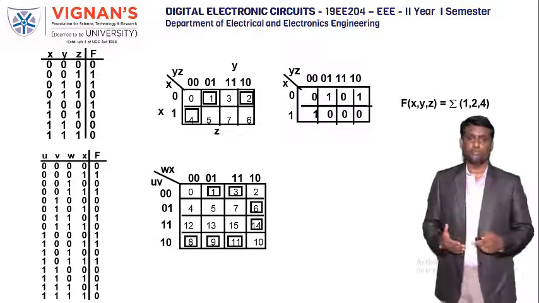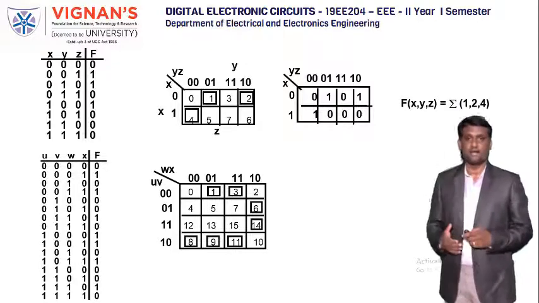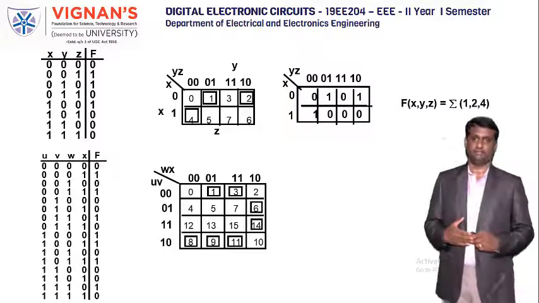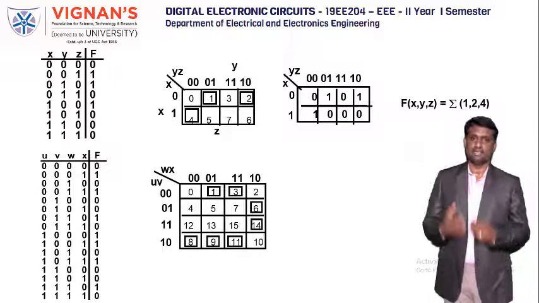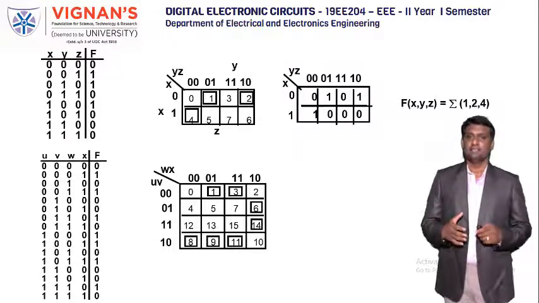The respective outputs having ones are highlighted here. The decimal numbers having ones in the truth table are 1, 3, 6, 8, 9, 11 and 14.